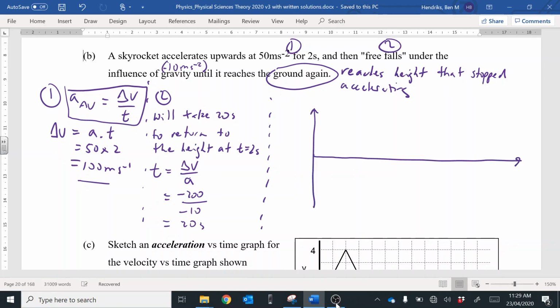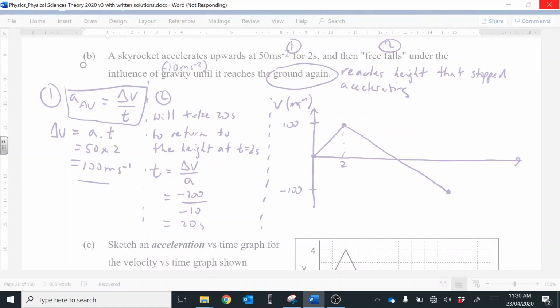So v is in meters per second, and we're going to have 100 meters a second up here, negative 100 meters per second here, and it's going to accelerate like this, and this is going to be at time 2, and then we want to have a straight line going down here.